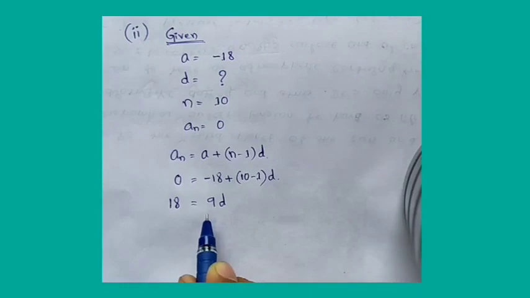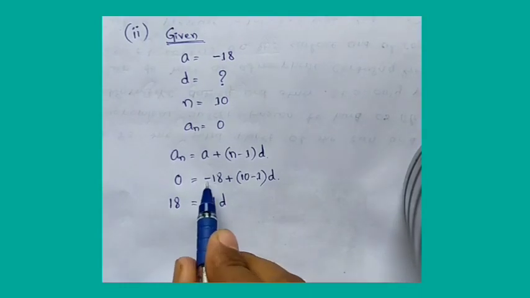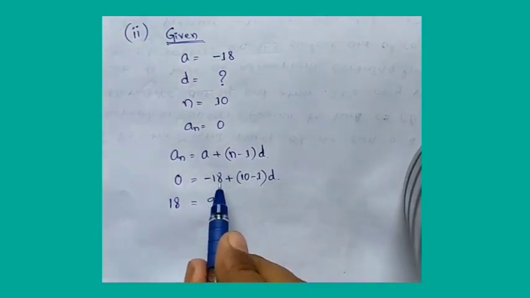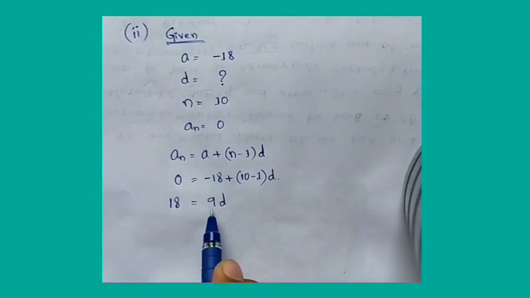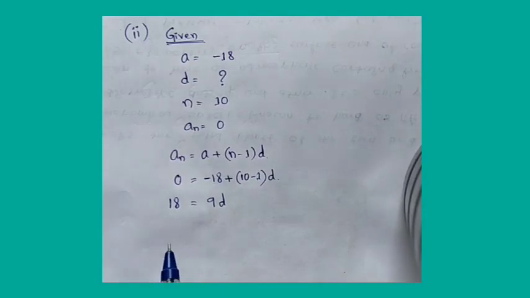Here it is multiplication. When it is minus, it becomes plus, and plus becomes minus. But here it is multiplying, 9 into D. So multiplication will go to division and division will go to multiplication. Here 9 is multiplying, so I will take this 9 to the left side, and it becomes division.